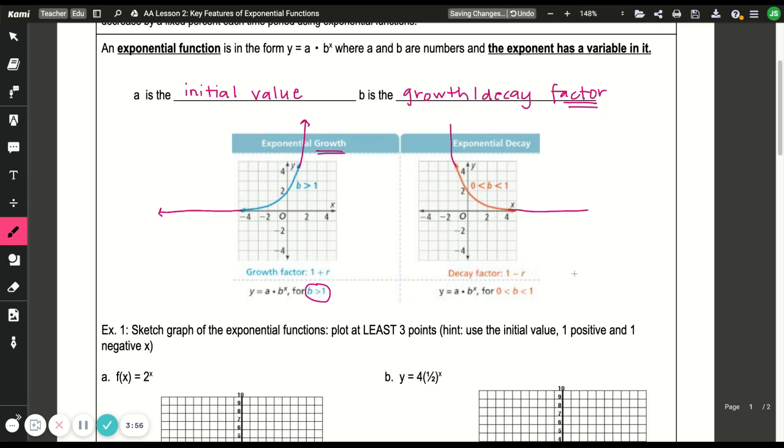It's not going to keep coming down here because we're not going to have negative rats. It's going to flatten out. And that happens if your b, your factor, is between 0 and 1. It's not going to be less than 0. It's not going to be negative. So like if b was 1/2, that would mean that each time we put poisoning out, it would kill half of the rats. We'd only have half as many.